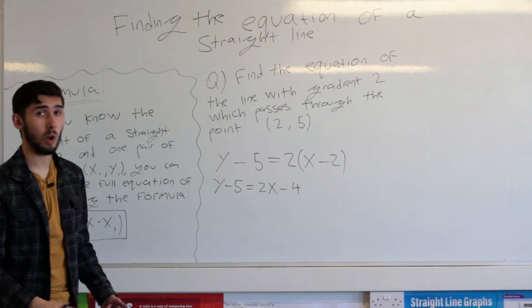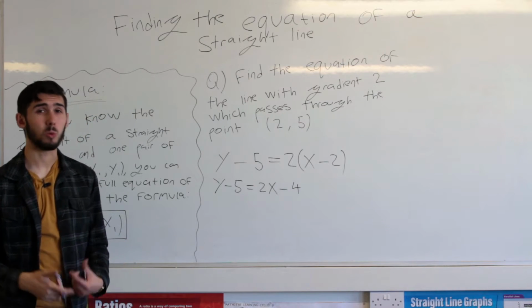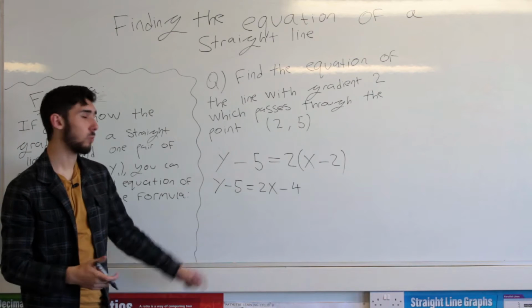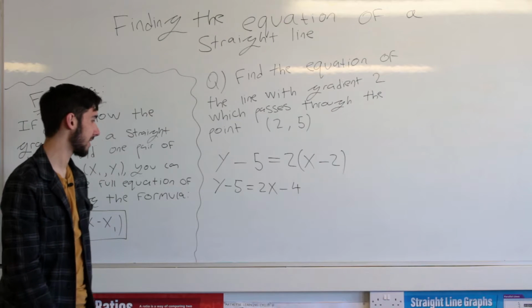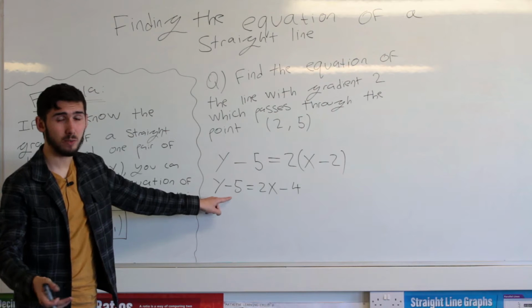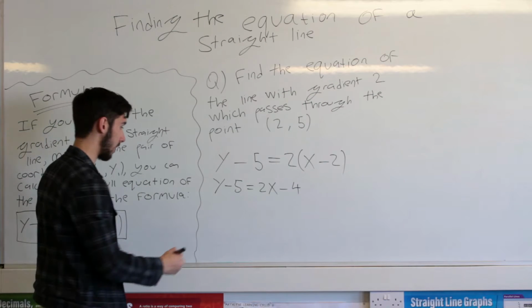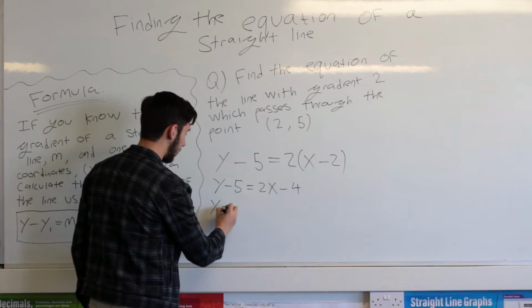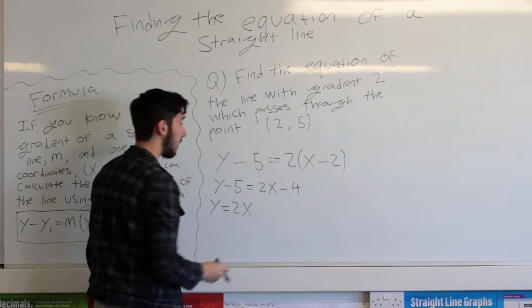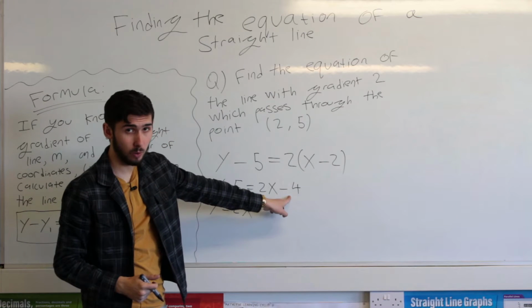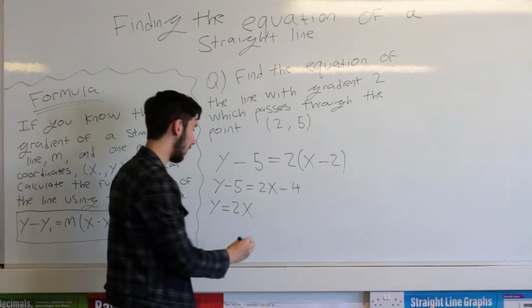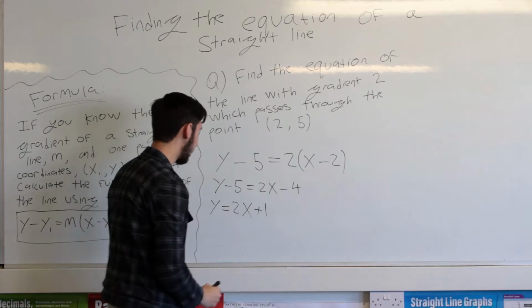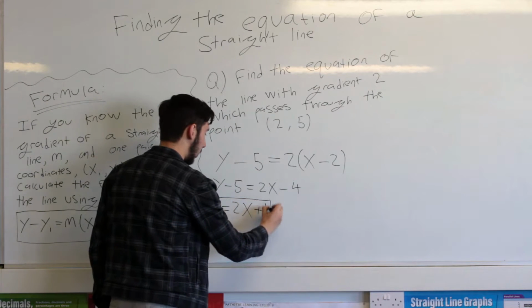And guys, we don't want y minus 5, we just want what y equals. We want y equals mx plus c, not y minus 5 equals mx plus c. So how do we get rid of this minus 5? We add 5 to both sides. So we get y equals 2x, and then minus 4 plus 5 is plus 1, positive 1. Plus 1. And this is now in the form y equals mx plus c.